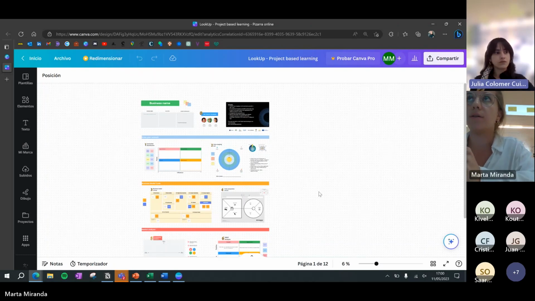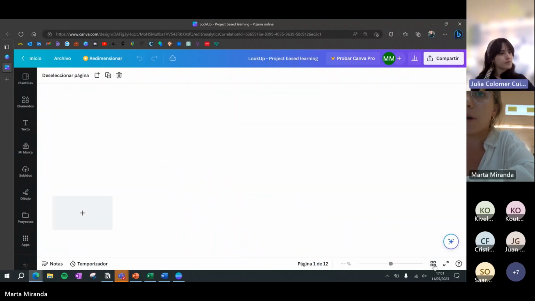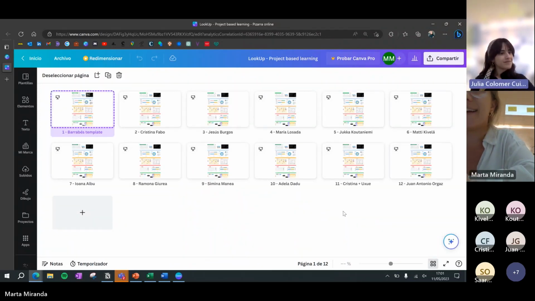It's another presentation. So here we're going to share this link with you, and you can go to the grid view. I guess that if you have it in English it's different, but it's this icon here.